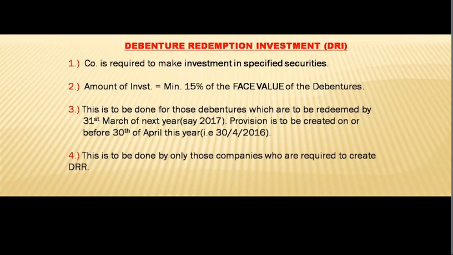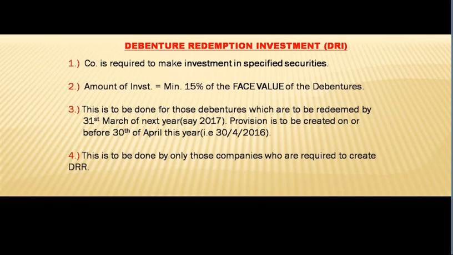So you have to make investment in those particular securities only. Then the amount of investment is minimum 15% of the face value of debentures that are to be redeemed. Clear? So you have to invest minimum 15% of the face value.